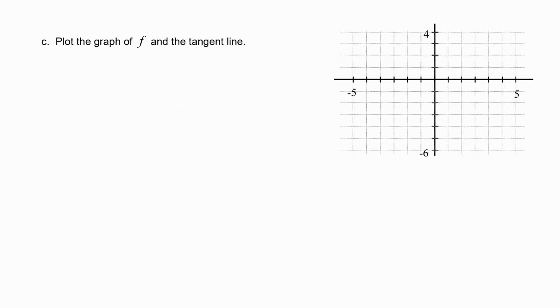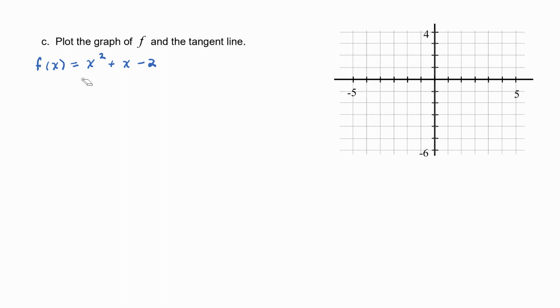Next, we have to plot the graph of f and the tangent line. Remember that f of x was equal to x squared plus x minus 2. Because this is a quadratic, we know the shape will be a parabola, and since the leading coefficient is positive, the parabola will open upwards.